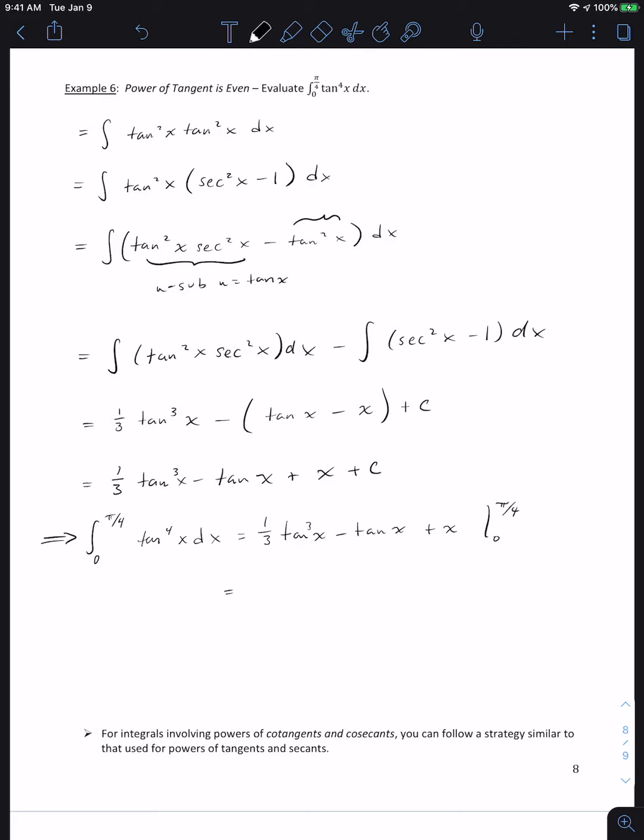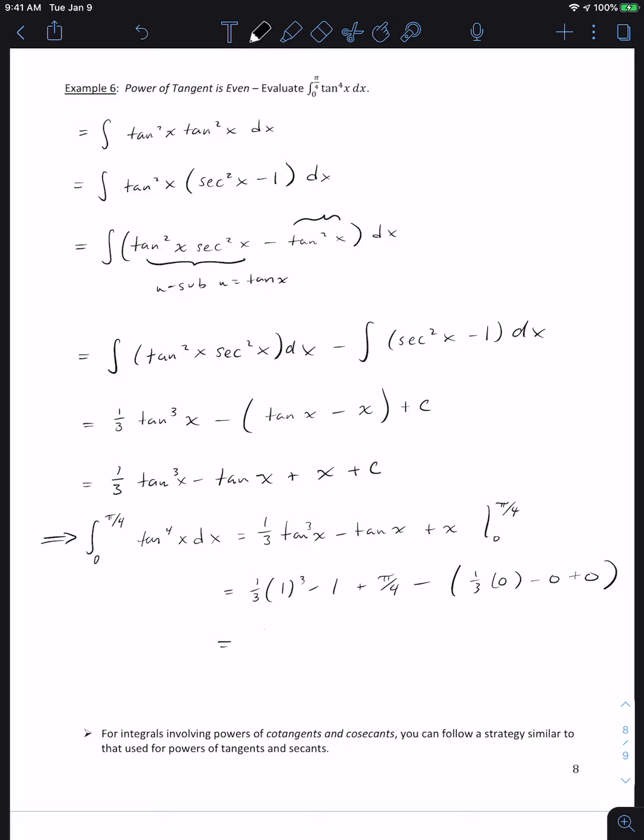Tangent of pi over 4 is 1, so this is 1/3 times 1 cubed minus tangent of pi over 4, which is 1, plus pi over 4. And then minus tangent at 0, which is y over x, so 0 over 1, so that's just 0. So this is 1/3 times 0 minus 0 plus 0, so that's all zeros.